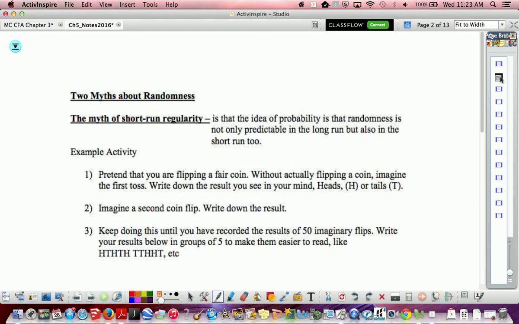Okay? First of all, the first myth here is called short run regularity. Basically, it's the idea that randomness is not only predictable in the long run, but also predictable in the short run.